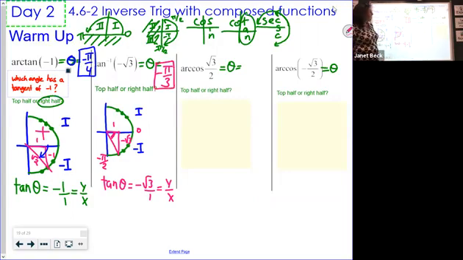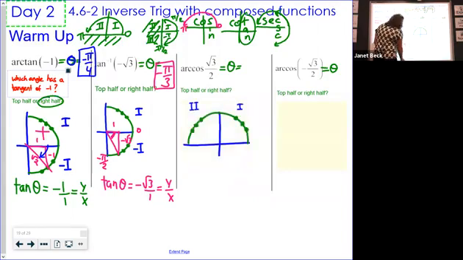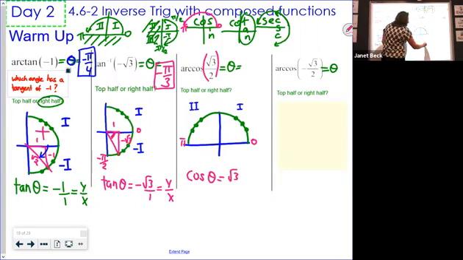And the third question here, inverse cosine. You look up here, cosine is the top half. The range of my answers is going to be somewhere between 0 and pi. The angle I'm looking at is somewhere between 0 and pi. And what I know about it is I've been told the cosine of my angle is that ratio, √3/2.